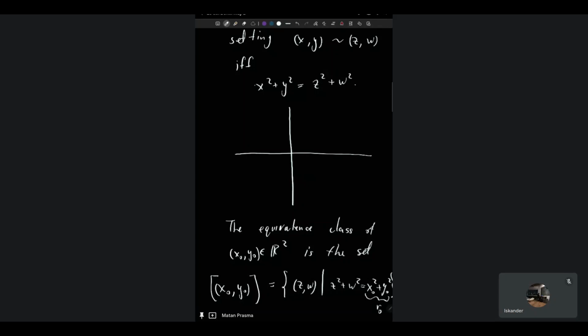This is a positive number, so it would be the square of a non-zero number, and the set of all (z, w) such that z squared plus w squared is equal to r0 squared are simply the elements on the circle with radius r0.